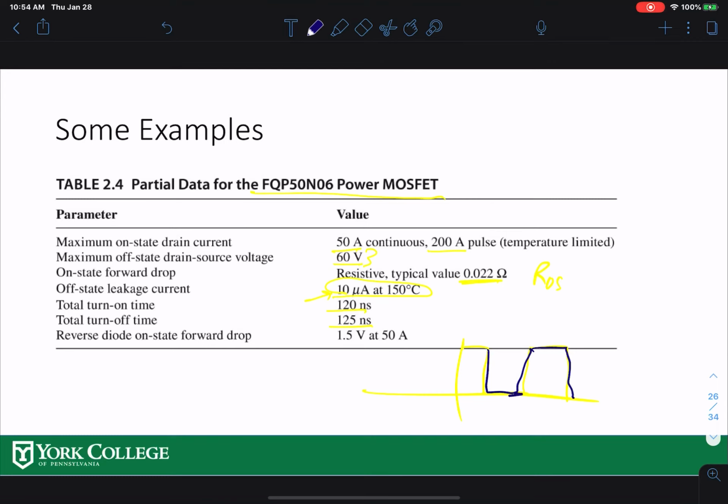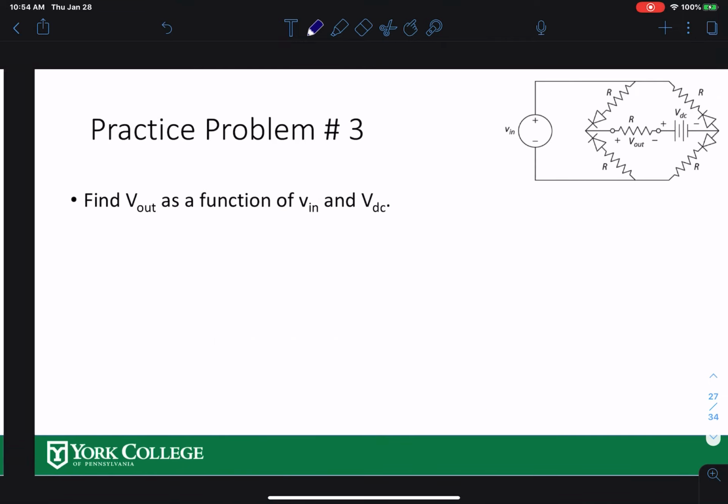So this is the time we're talking about here. Like on time, how long it takes to go to the on state. This one is 100, this one here is 120 nanoseconds, and this one over here is 125 nanoseconds. So how long does it take to go from the on state to the off state and back? It's not instantaneous. It takes some time.